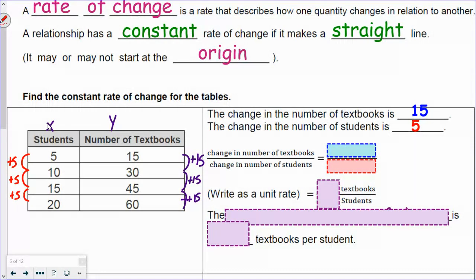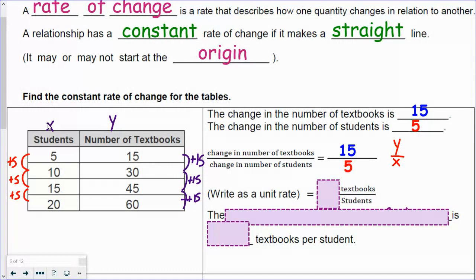Because if they are consistently the same number that they are changing, then it is constant. So remember when we would find our unit rates, we always want to take our y and divide it by x. So we're taking the number of textbooks and we're going to divide it by the number that the students is changing.